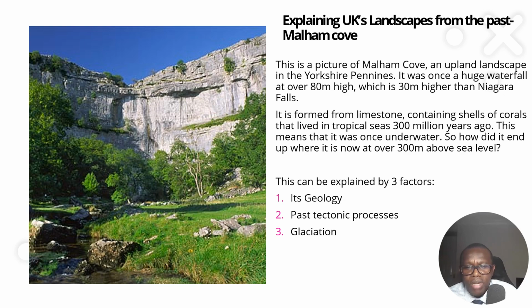Now it's mainly formed from limestone, and it contains shells of corals that lived in tropical seas over 300 million years ago. So the question is, how did it end up 300 meters above sea level right now when it was originally beneath the oceans?